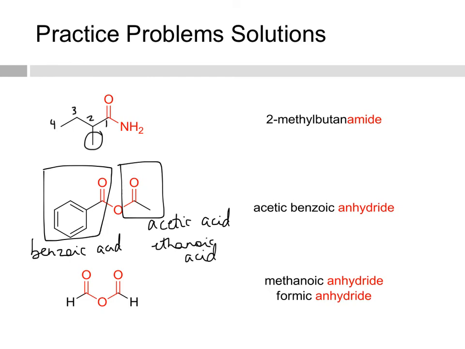Remember, acetic acid is the common name, and so the names are either acetic benzoic anhydride, or we can put it as benzoic ethanoic anhydride. And remember, for a mixed anhydride, you're always going to alphabetize. And finally, this very simple anhydride is one of the simplest anhydrides, and its common name is formic anhydride. It's also known as methanoic anhydride.